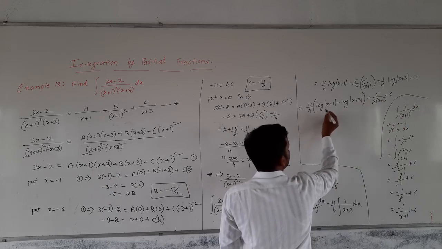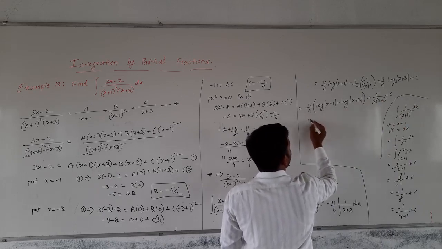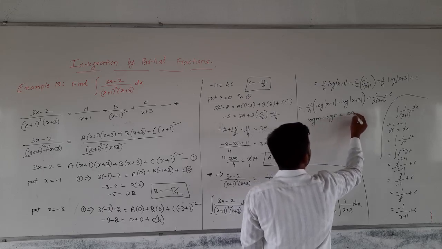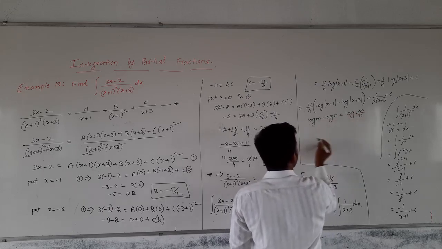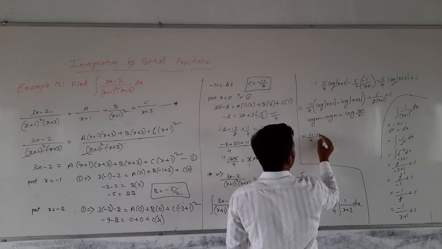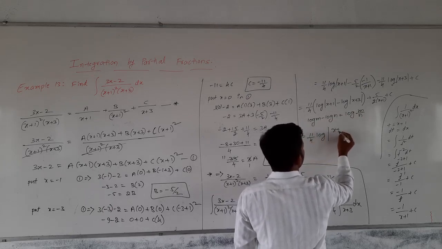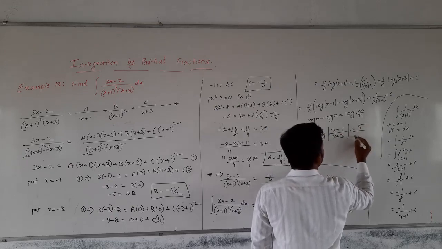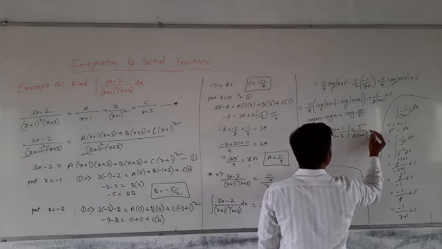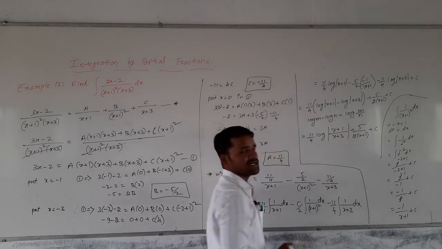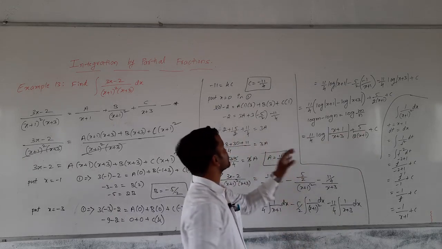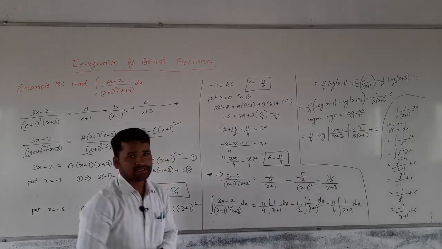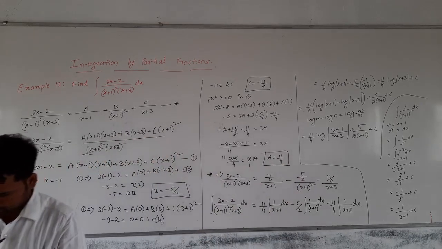Inside the bracket we have the form log m − log n, which is log(m/n). So we have 11/4 log|(x + 1)/(x + 3)| + 5/(2(x + 1)) + c. This is the integration of the given function (3x − 2)/((x + 1)²(x + 3)).